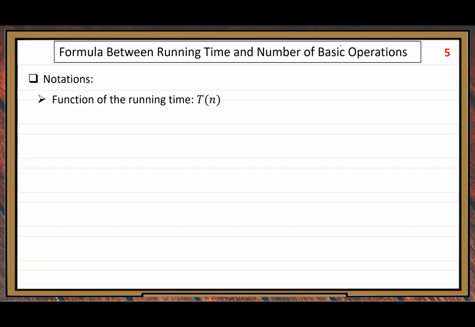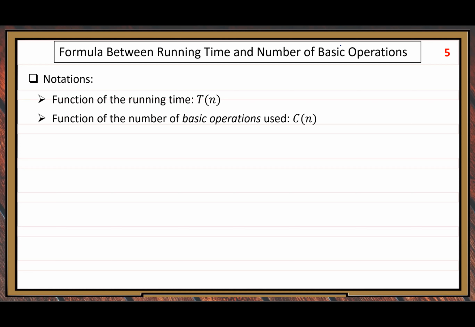Suppose, given a problem with data size n, we have some algorithm, we just clock it. We clock its response time, and we use this function, capital T of n, to represent the running time function.